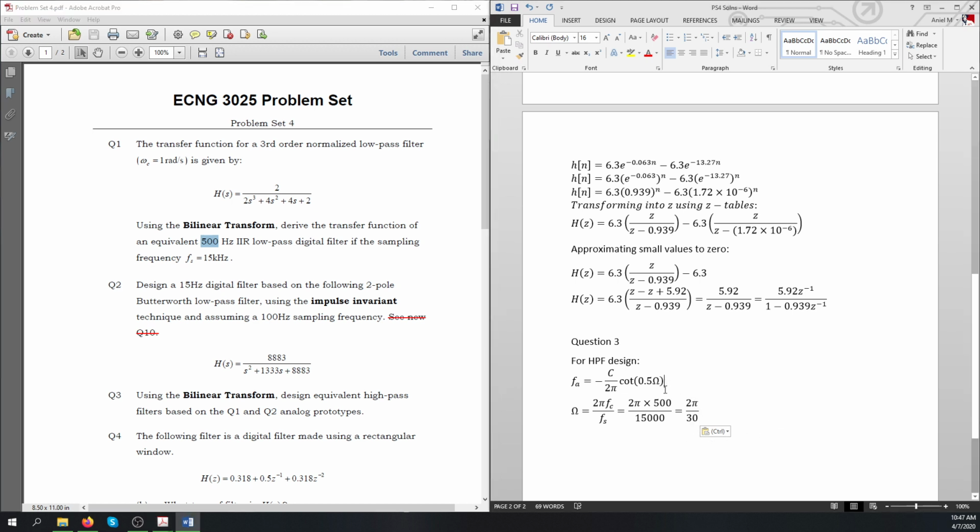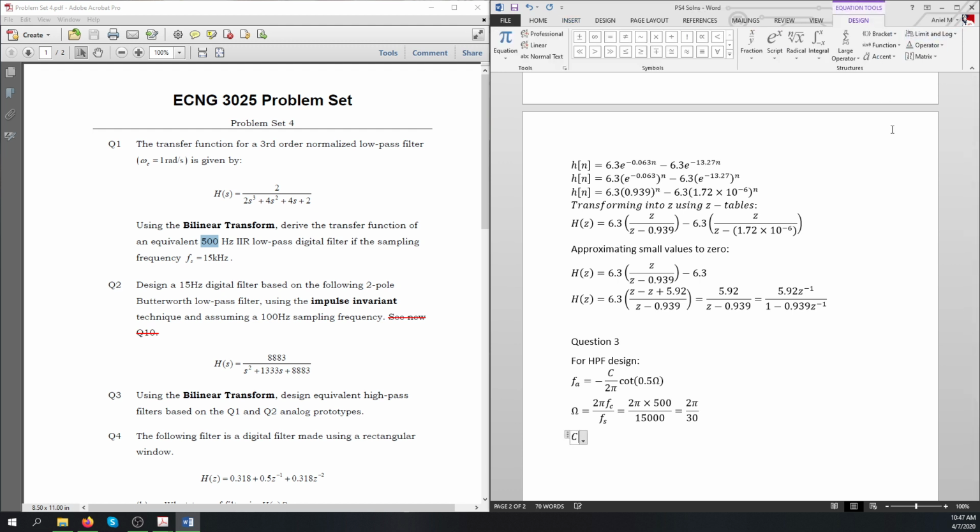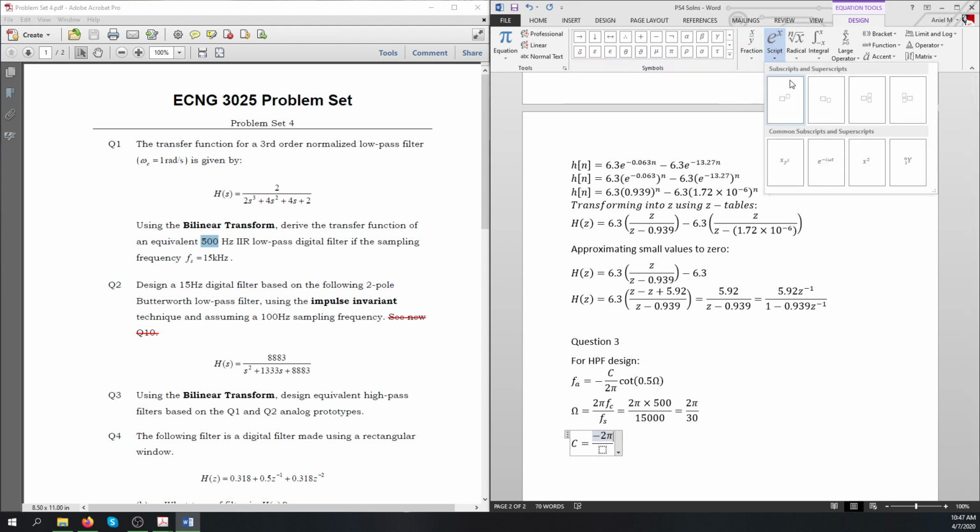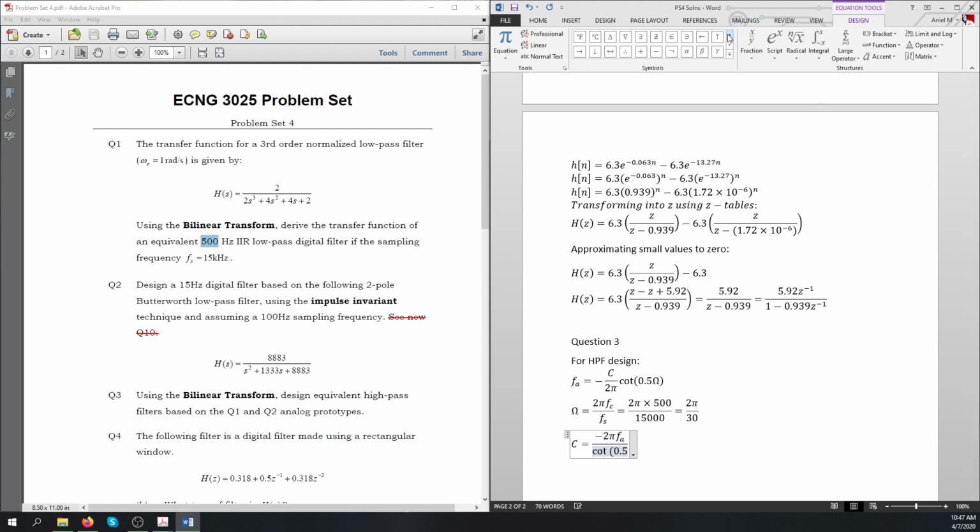So what happens here is that when you solve for C and rearrange the formula, it's going to be minus 2 pi f of a into cotan of 0.5 multiplied by 2 pi divided by 30.